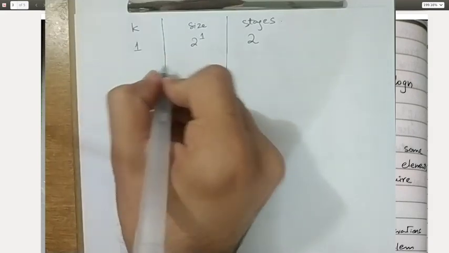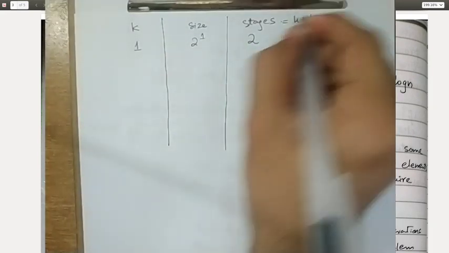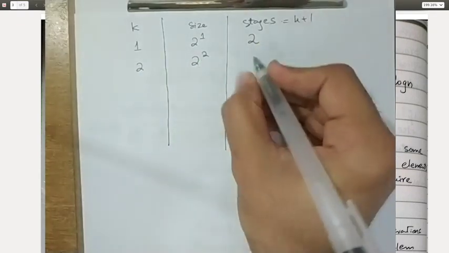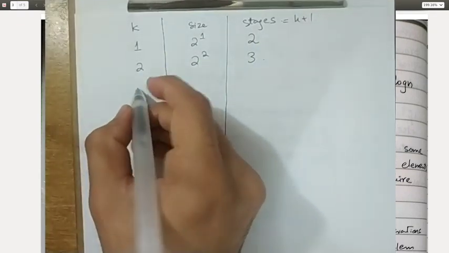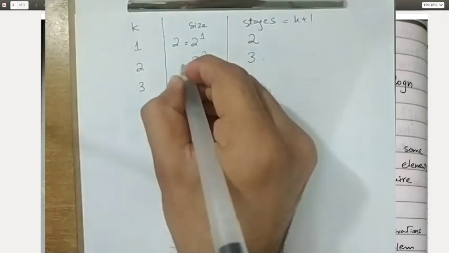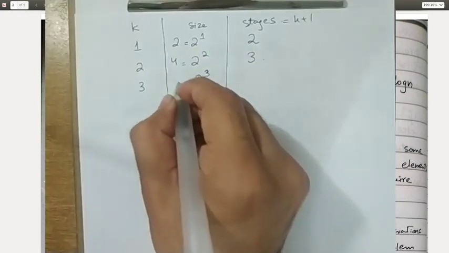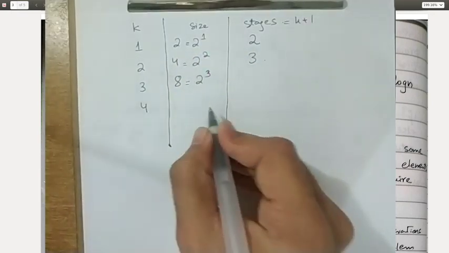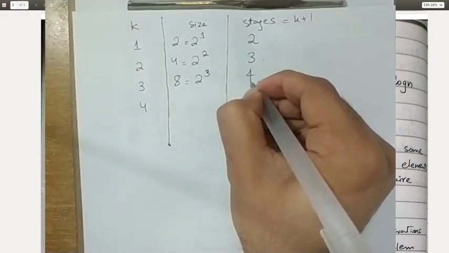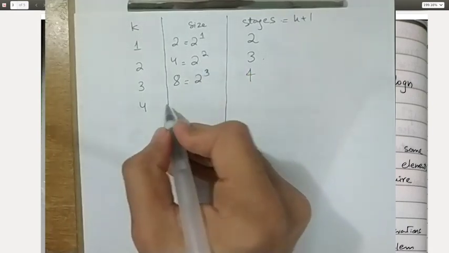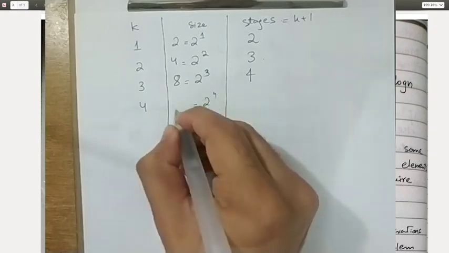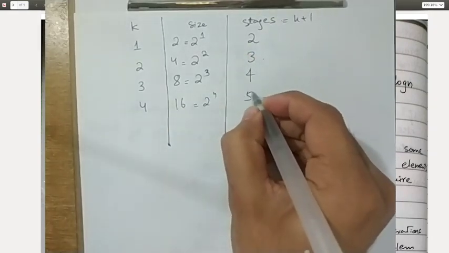If k is equal to 2, then size is 2 to the 2 and stages are 3. If k is 3, size is 2 to the 3, this is 2, this is 4, this is 8, and if you have size 8, then the stages that you have are 4. If you consider k to be 4, then that's 2 to the 4, which is 16. You will have 5 stages.